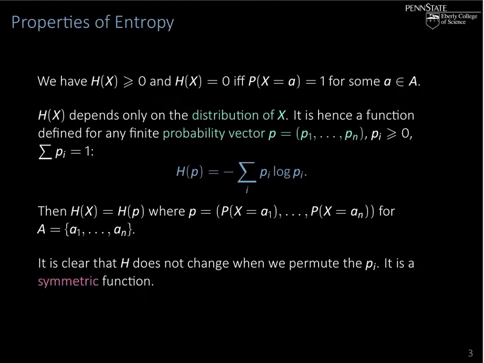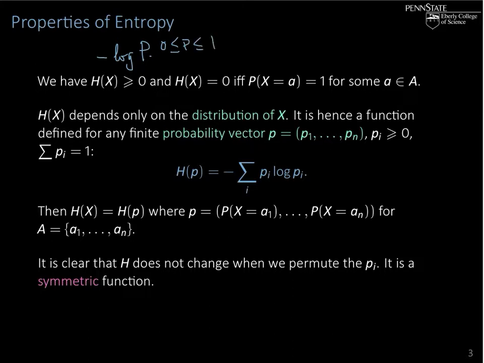Let's look at some basic properties of the entropy function. First note that it's always non-negative, and that follows easily from the fact that we're taking the negative logarithm of a probability, which is a value between 0 and 1.